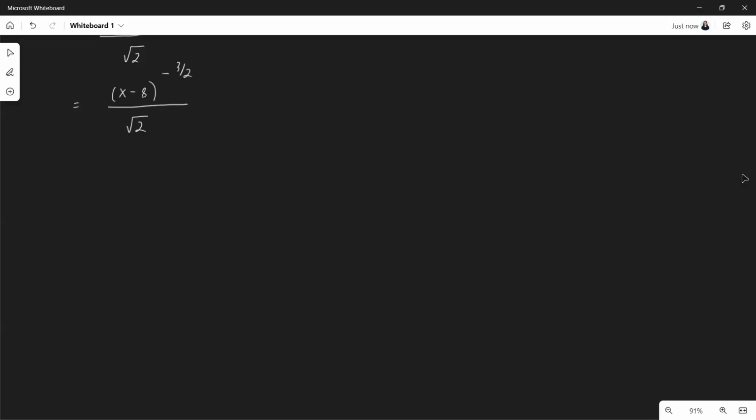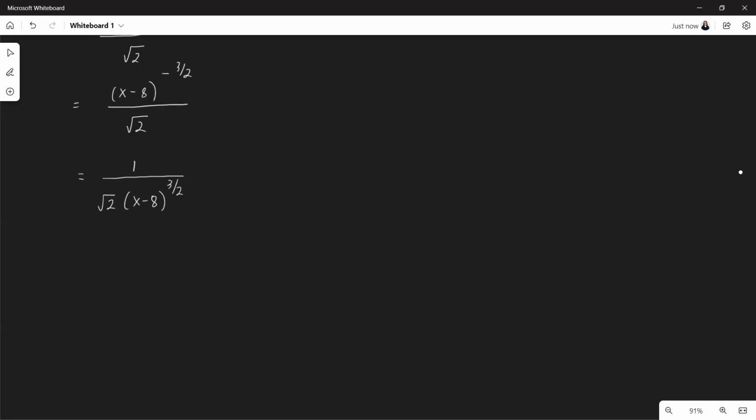And then for the final answer, let's put back the x minus 8 at the bottom since it's a given, it's at the bottom. If we transfer this in the denominator, we have 1 on the numerator. Square root of 2, and then x minus 8 raised to the power of positive 3 halves.